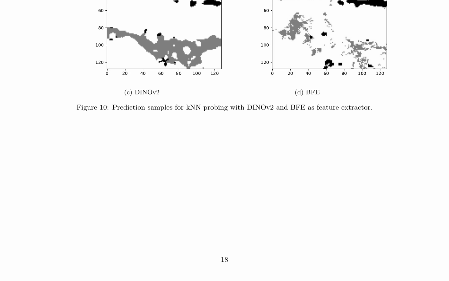This analysis provides insight into the effectiveness of each feature extractor in capturing relevant information for KNN probing, highlighting the superior performance of DINOv2 in this context. The results suggest that DINOv2 is better suited for downstream probing tasks, likely due to its ability to learn more discriminative features. This finding has implications for the development of feature extractors tailored to specific probing tasks, emphasizing the importance of selecting an optimal feature extractor for accurate segmentation and classification.